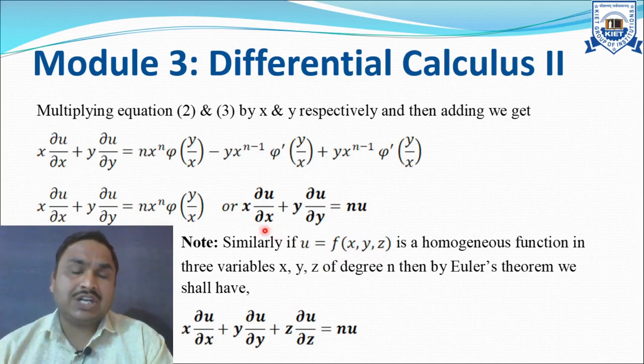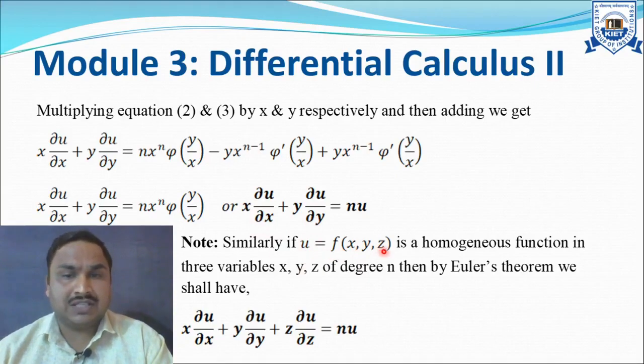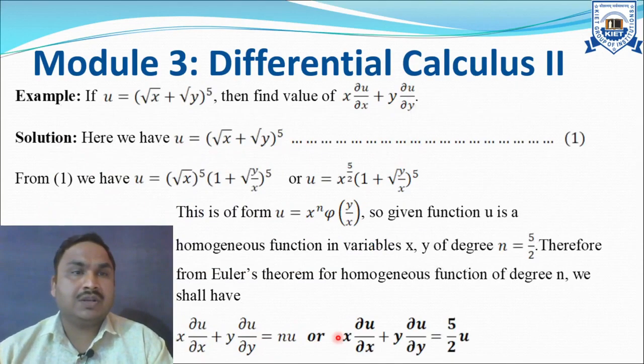That is, the statement of Euler's theorem for two variables may also be extended for a function of three variables, which must be a homogeneous function in x, y, z. Okay, so for a function of three variables we get x ∂u/∂x plus y ∂u/∂y plus z ∂u/∂z equals n u.